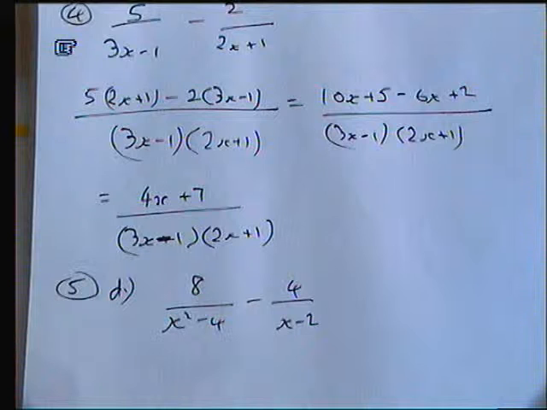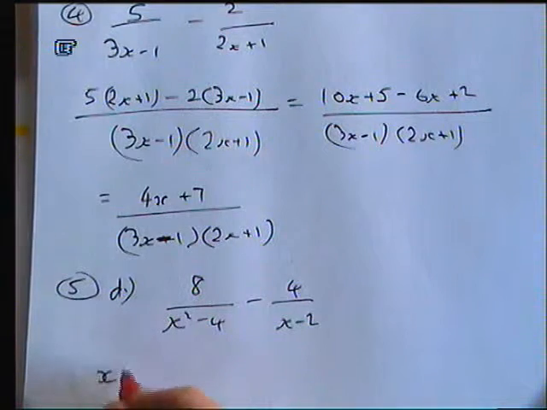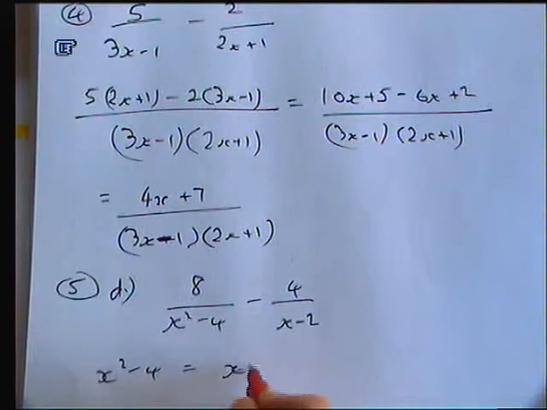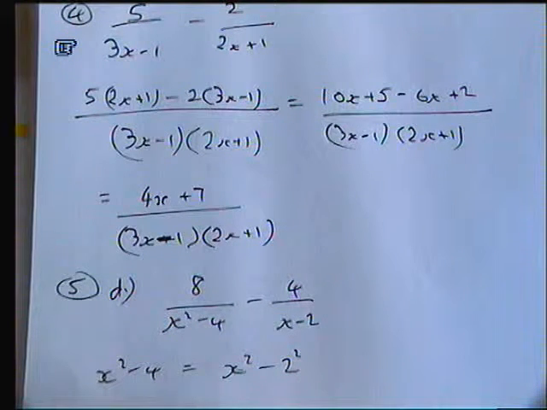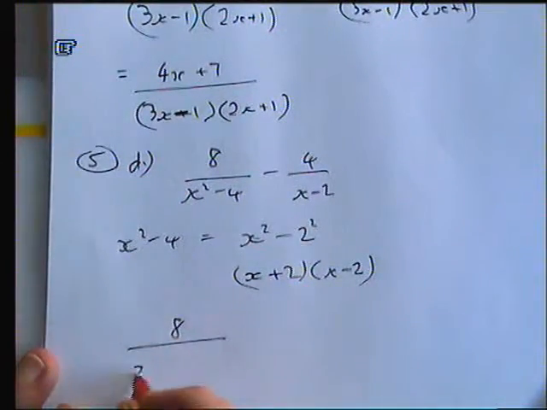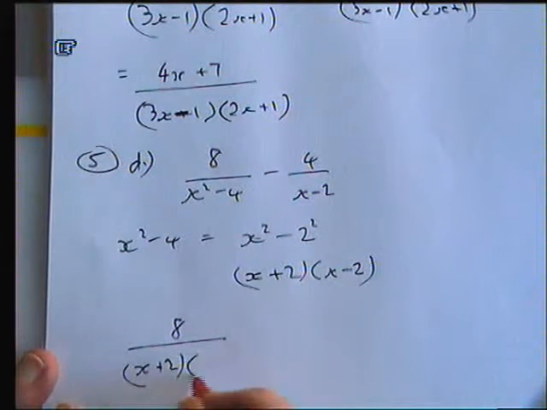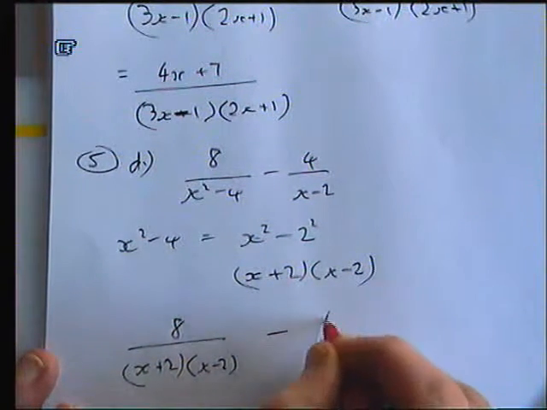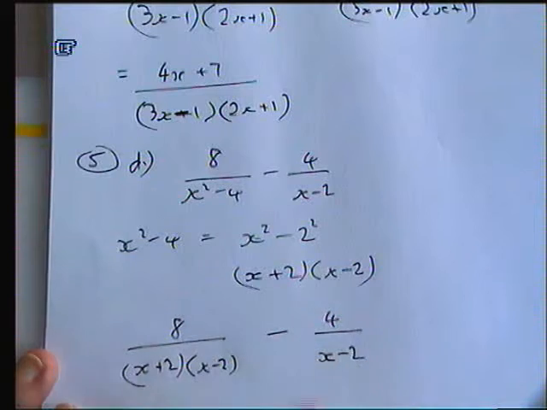Anybody spot anything here? Thank you, yeah, Gavin, well done. This is the difference of two squares. X squared minus 4 is the same as x squared, take away 2 squared. It's x plus 2, x minus 2. So that question is 8 over x plus 2, x minus 2, minus 4 over x minus 2.